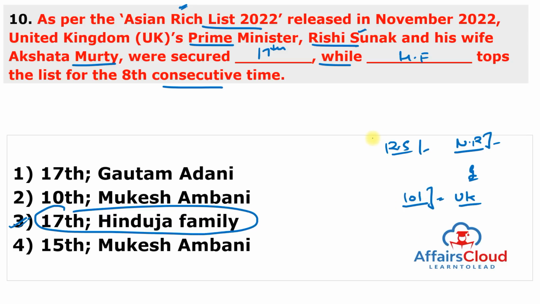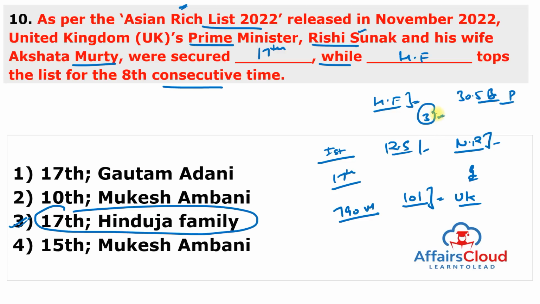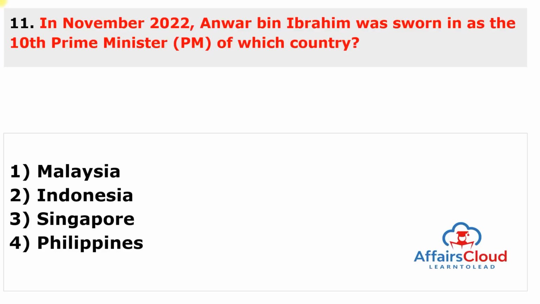And they were included in the Asian Rich List for the first time and ranked 17th with an estimated wealth of 790 million pounds. And the Asian Rich List is topped by the Hinduja family for the 8th consecutive time with an estimated wealth of 30.5 billion pounds, which is an increase of 3 billion pounds from last year, 2021.